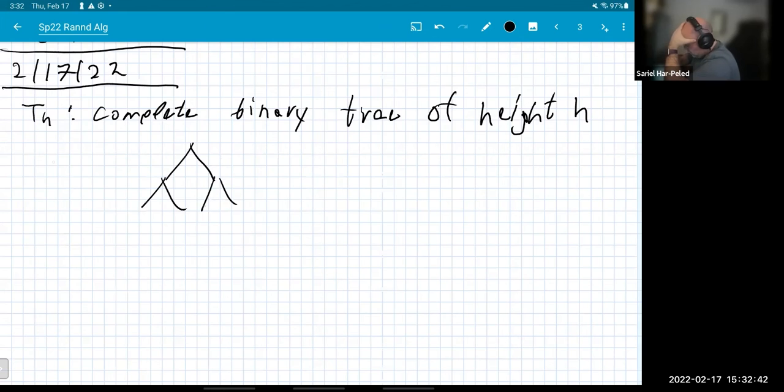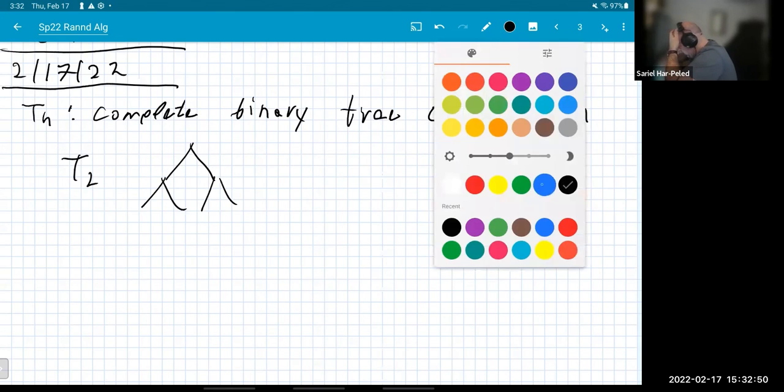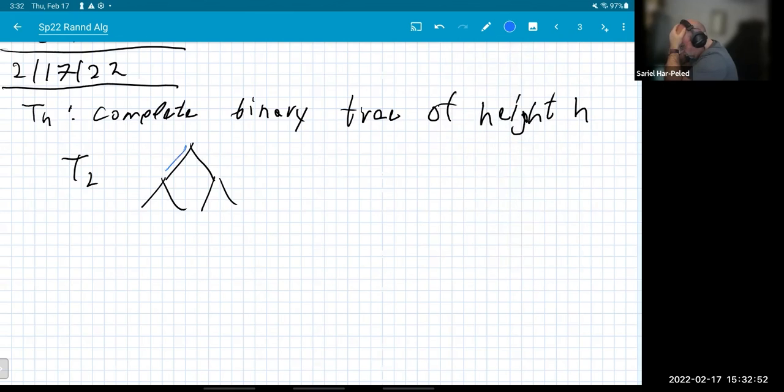So this would be T2, right? And we're going to play the coloring game, right? So every edge is going to be colored blue with probability half, and otherwise it would be red with probability half, independently.